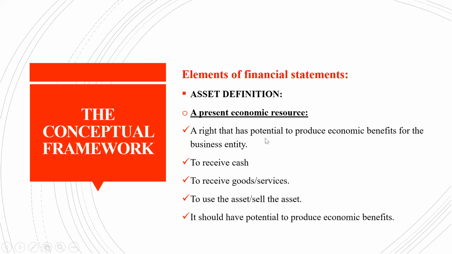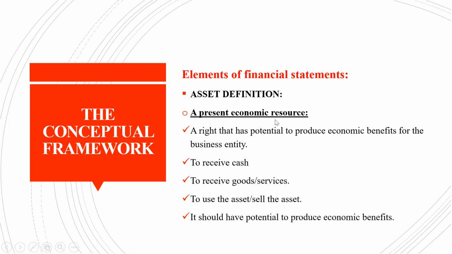A present economic resource can be a right that the organization has, which would have potential to produce economic benefits for the entity. The economic resource in this case could also involve the company having the ability to receive money, to receive goods or services, to use the asset or sell the asset, and it should have potential to produce economic benefits.